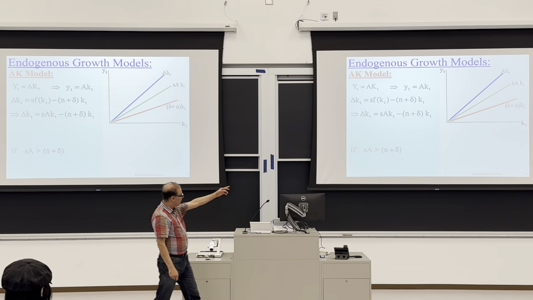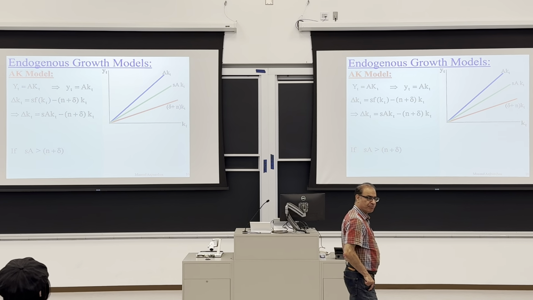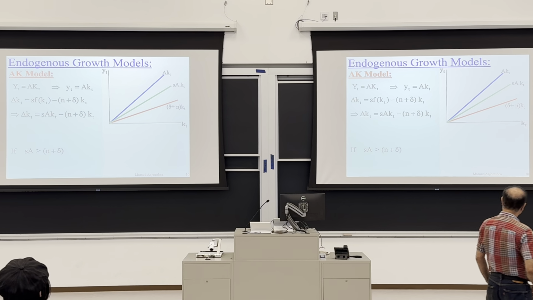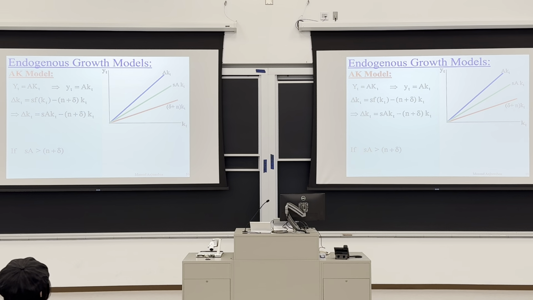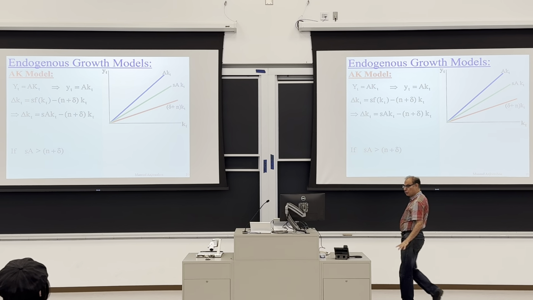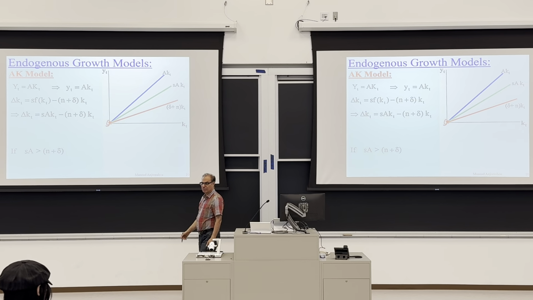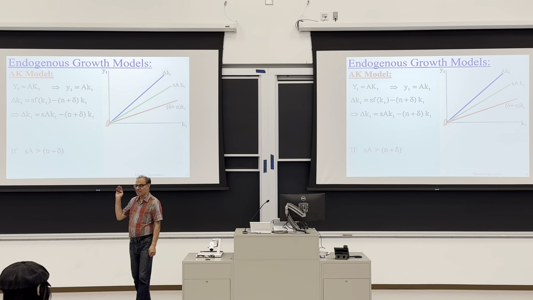Is there a steady state equilibrium for the AK model? Anyone? We talked about this last week. So the only steady state equilibrium that this model has is what? The origin, you remember that? By the way, it's boring. I mean, and no economy in the world is there.